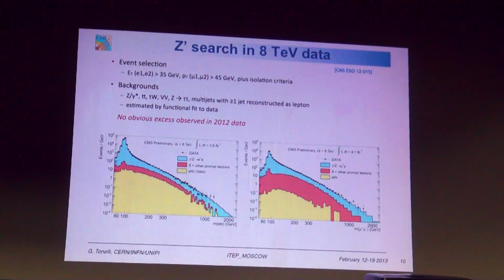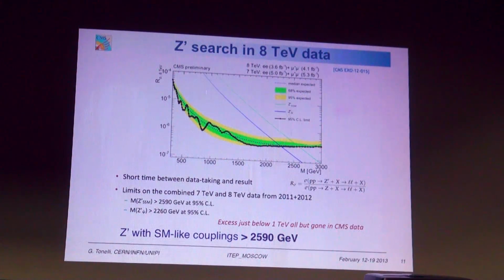So if you put together all the information you have, this is what we do, basically putting together the 5 inverse femtobarn at 7 TeV plus 3.4, let's say, at 8 TeV, you see that also now it's becoming really 1 sigma. So it's okay, now we can conclude.